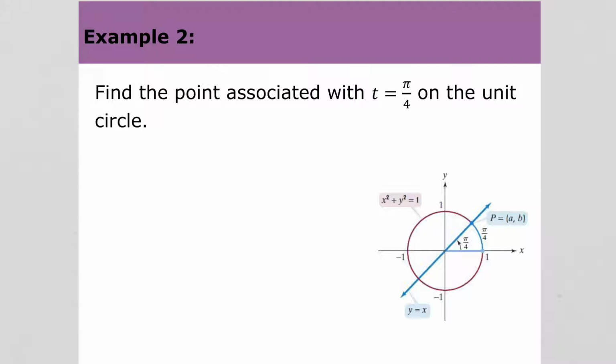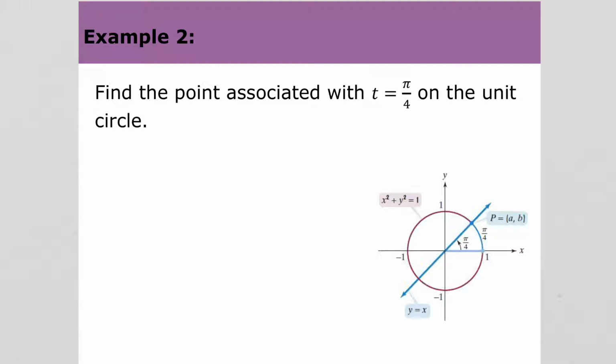For example 2, it says, find the point associated with pi over 4 on the unit circle. Okay, so here's our picture with the angle pi over 4 drawn. It's just this angle right here.